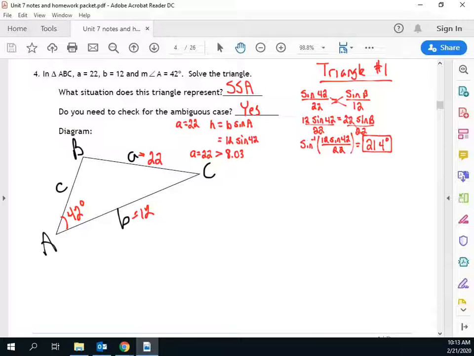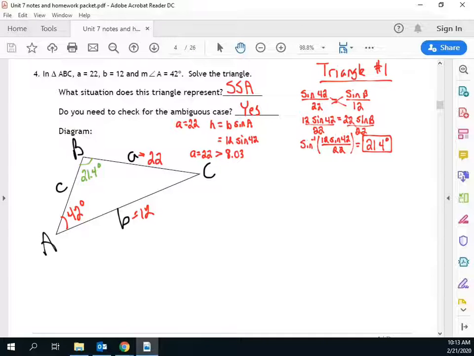Okay, so we come over here and say, all right, we just found out that B is equal to, and I'm going to do it in a different color because we found this, 21.4 degrees. Well, what can we do next, guys?